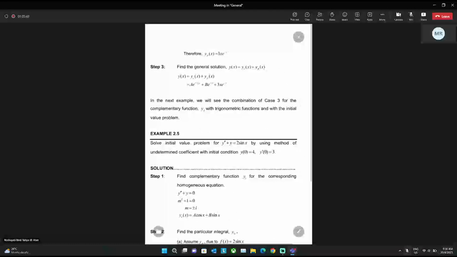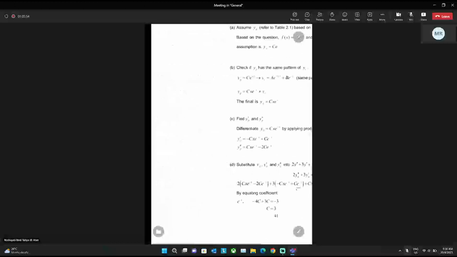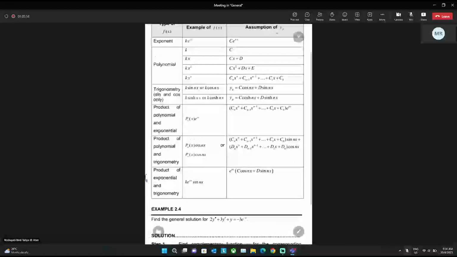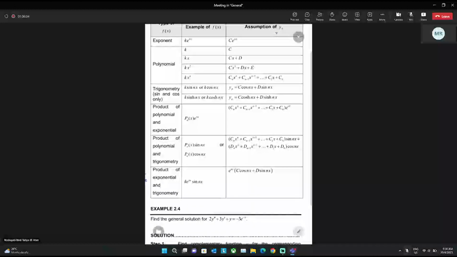YX is 2 sin X. Okay, 2 sin X. So your fx is 2 sine x.